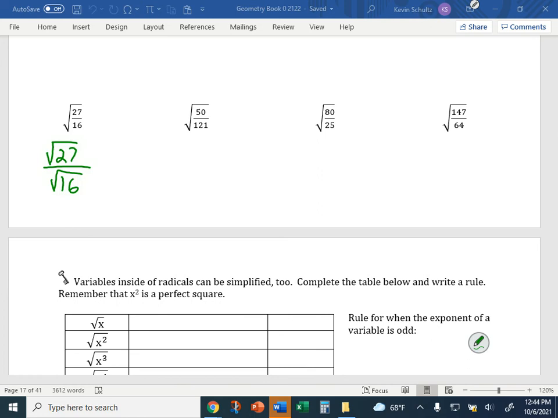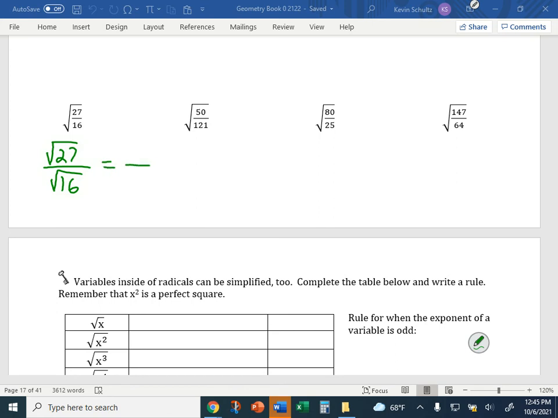The root of 27/16 is equal to the root of 27 over the root of 16. Why that's advantageous, especially with these 4 fractions I've given you to start with, what are you noticing about all the denominators? 16, 121, 25, 64, Peter? They're all perfect squares.